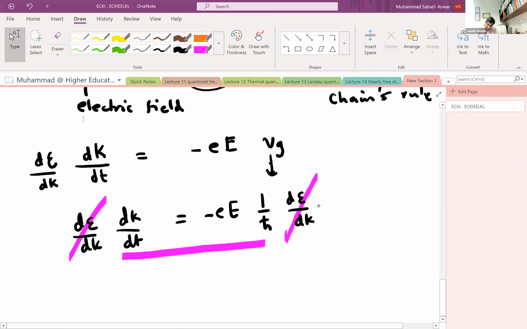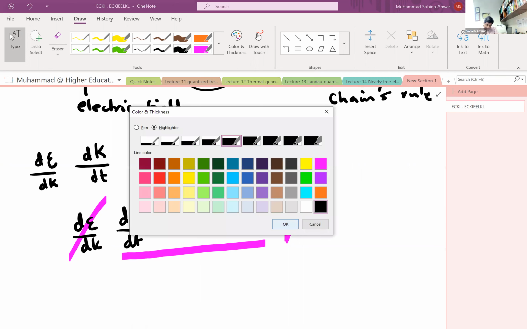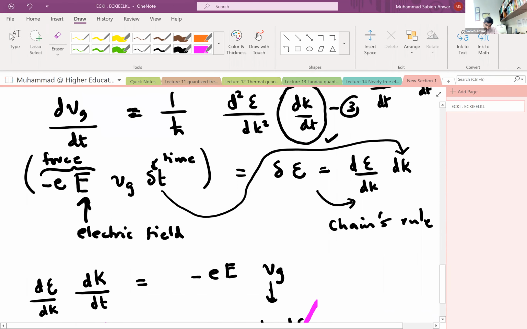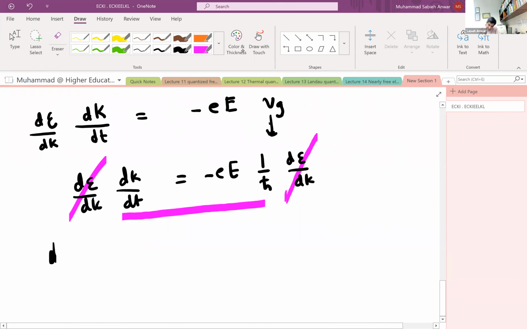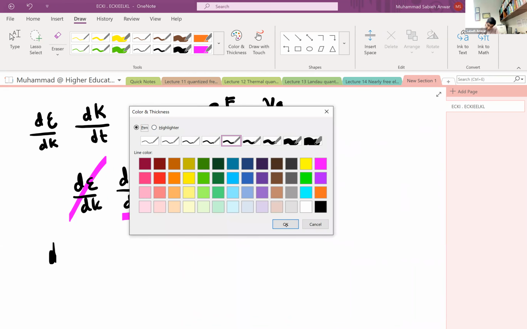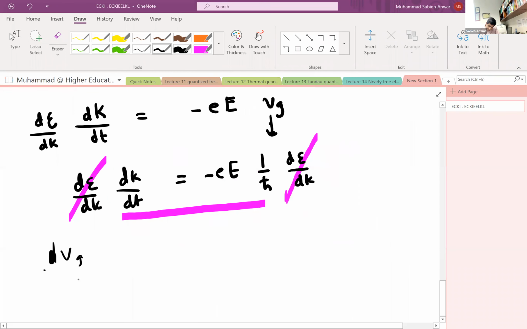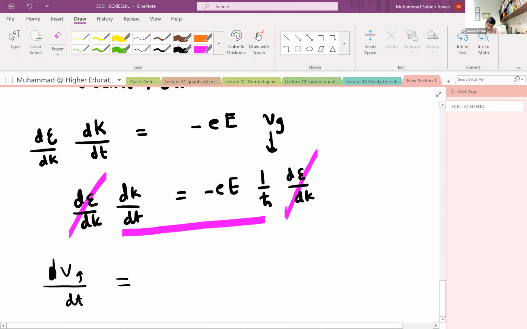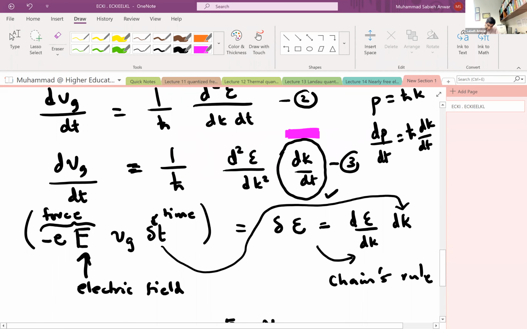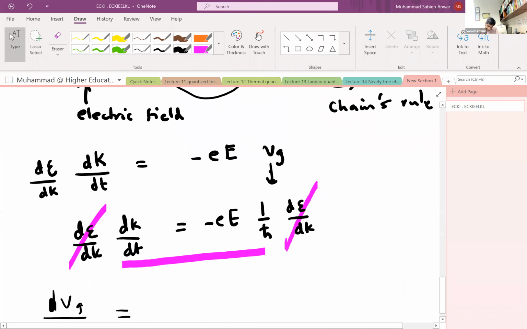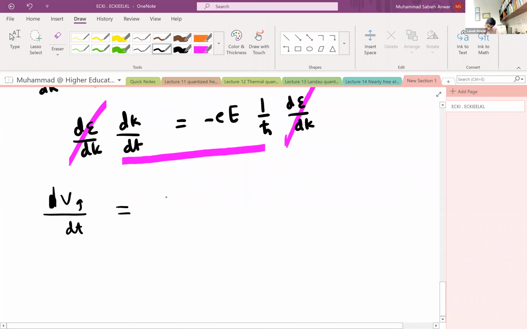So if I were to do that, let's look at equation number 3. dVg over dt equals 1 over h bar d square E over dk square, times dk over dt, which is minus E. All right.